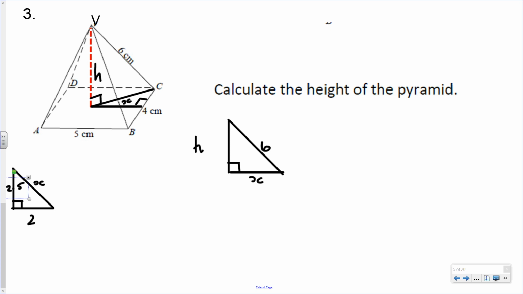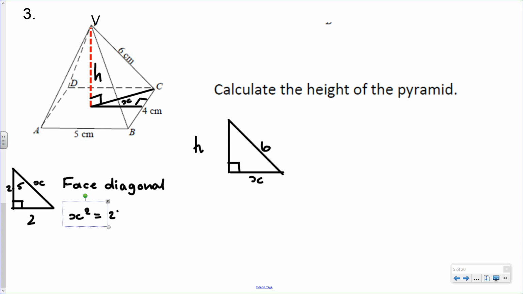This triangle here then is going to help us to find that missing side x, which is our face diagonal, since it lies on the face of the base. So we're going to first of all find the face diagonal x using Pythagoras.